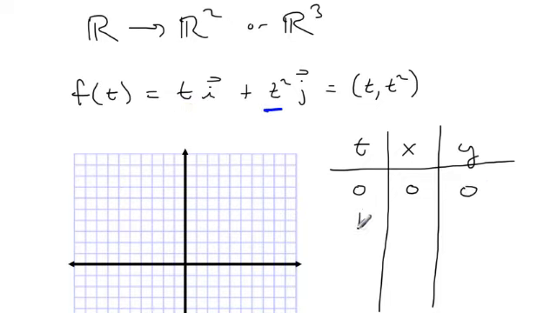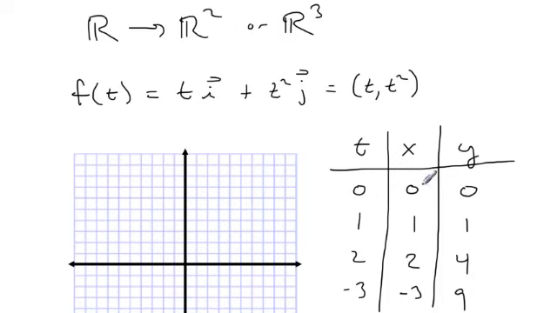If t is 1, then x is 1 and y is 1, not terribly interesting. Let's do t is 2: x is 2, y is 4. And let's do a negative value, say negative 3 for t, then x would be negative 3, and y would be 9.